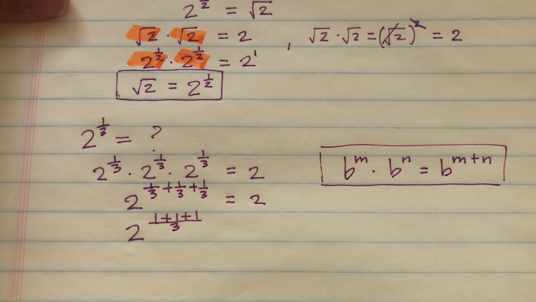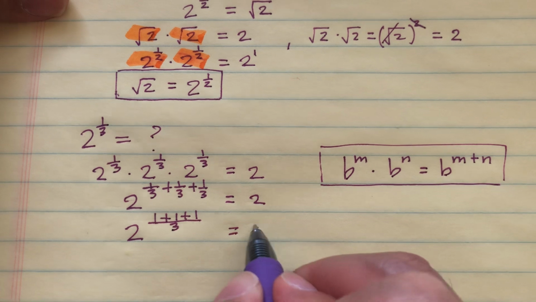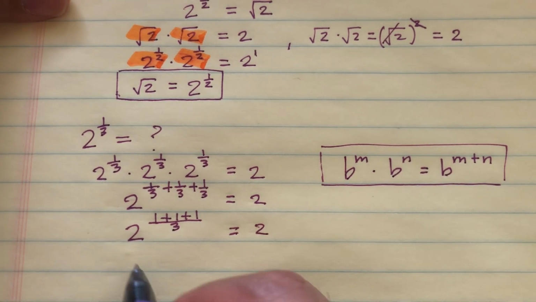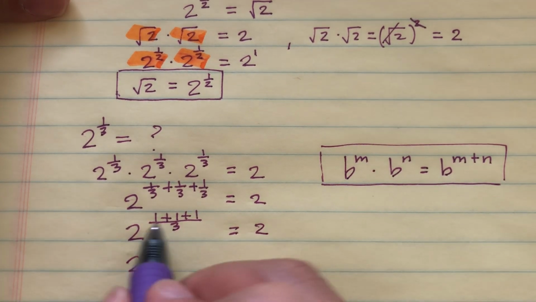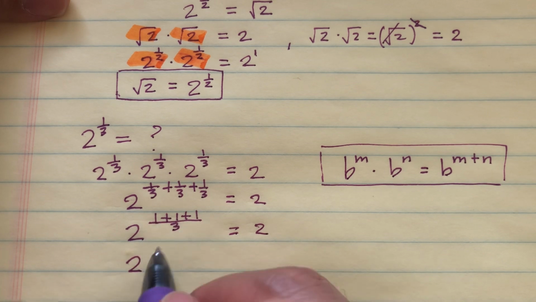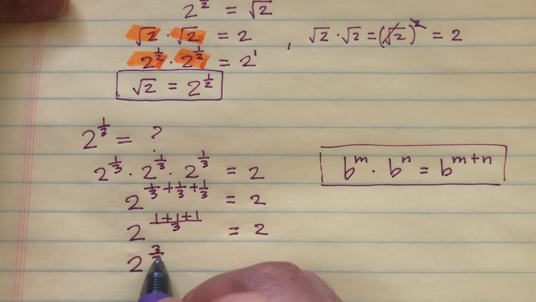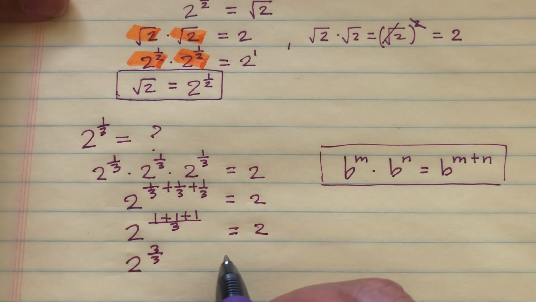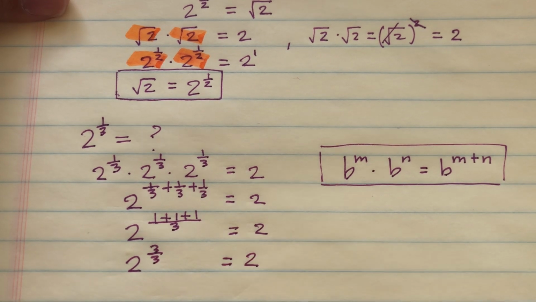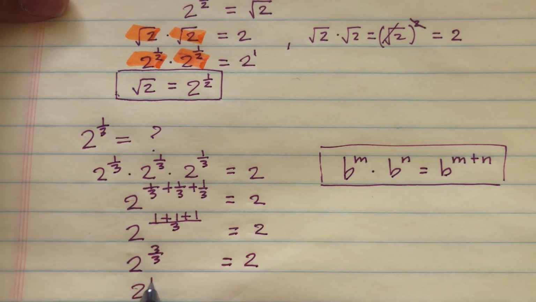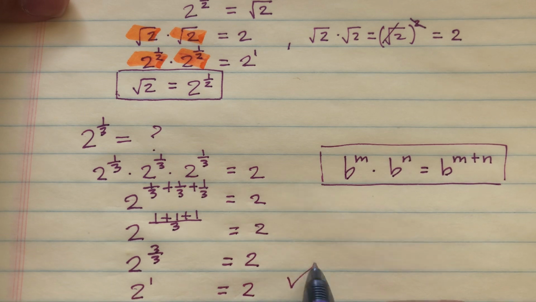So 2 to the power of 3 over 3, and 3 over 3 is 1. So this checks out, and that is equal to 2.